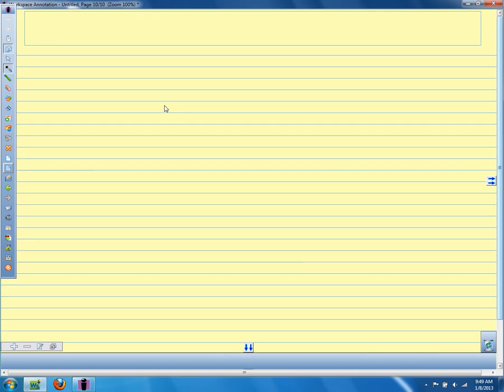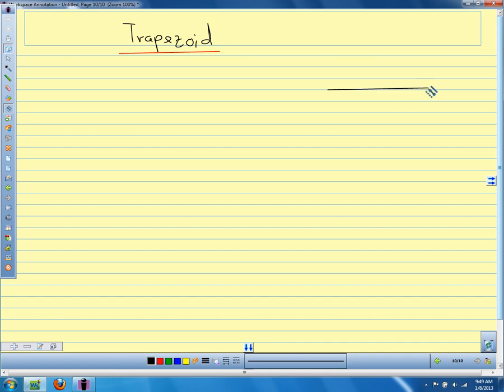Trapezoid, not much different. Same idea as with a rectangle or a parallelogram. So let's draw our trapezoid here to match the one in your flip book, and then we'll label the parts and talk about the formula. So there's my trapezoid.